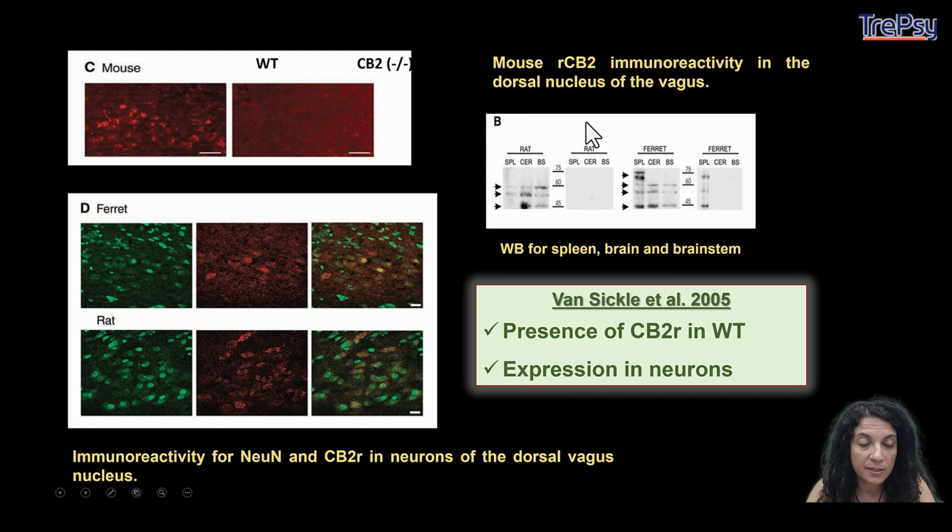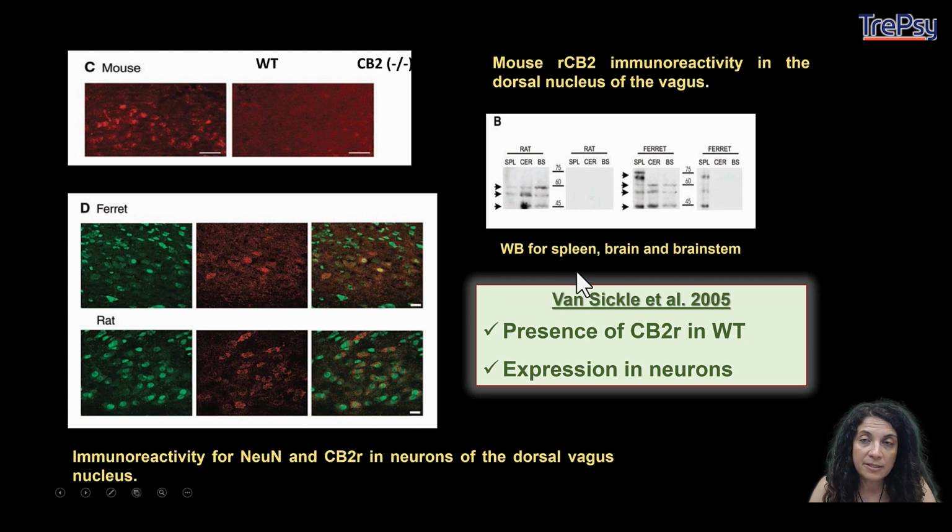So in this article, I can see the CB2 in mouse, in wild-type and knockout of CB2, in green, in ferret, and in rat, the neuron, and the merge. I can see that the CB2 receptor is expressed in neurons, mature neurons. Immunoreactivity for mature neurons and CB2 receptor in neurons of the dorsal vagus nucleus.